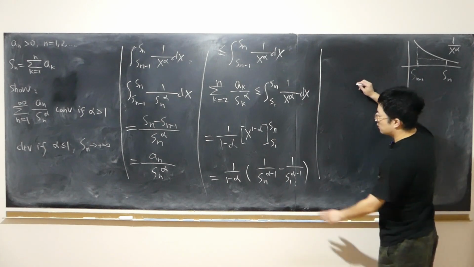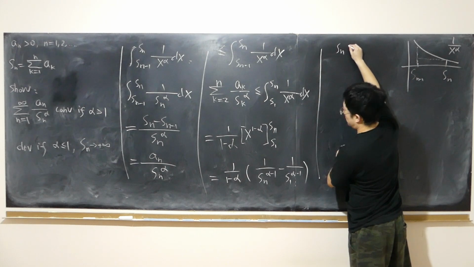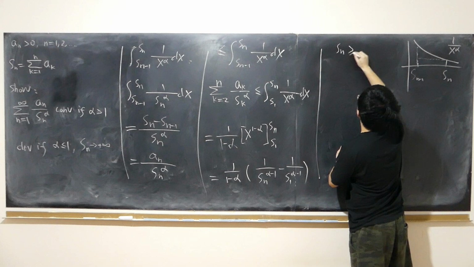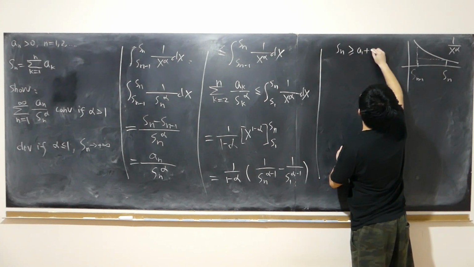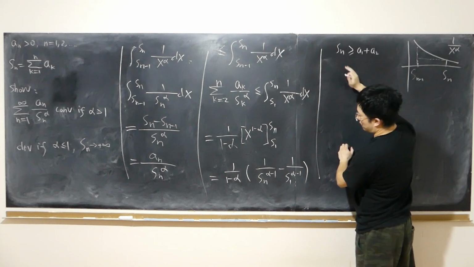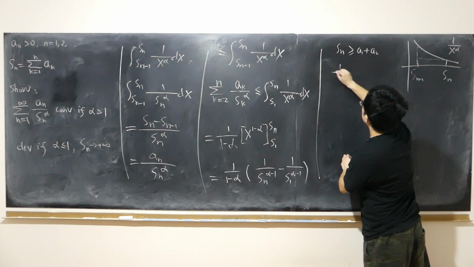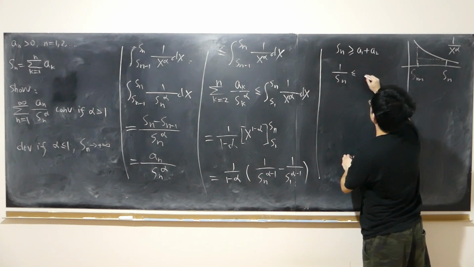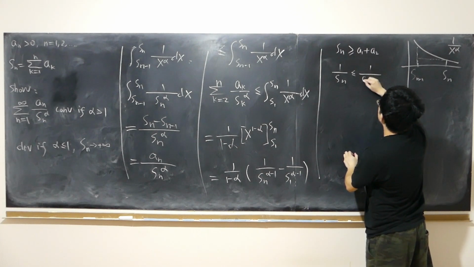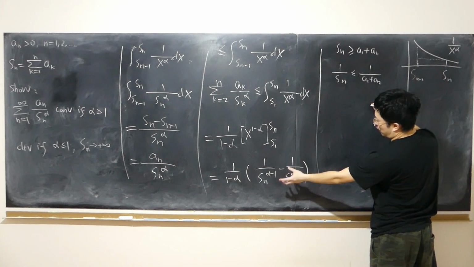In fact, Sn, as n is big enough, has to be bigger than or equal to, for example, a1 plus a2. This is definitely doable, right? N is big enough, so that means 1 over Sn has to be bounded above. Everything is positive, so 1 over a1 plus a2, also raised to the power of alpha minus 1.